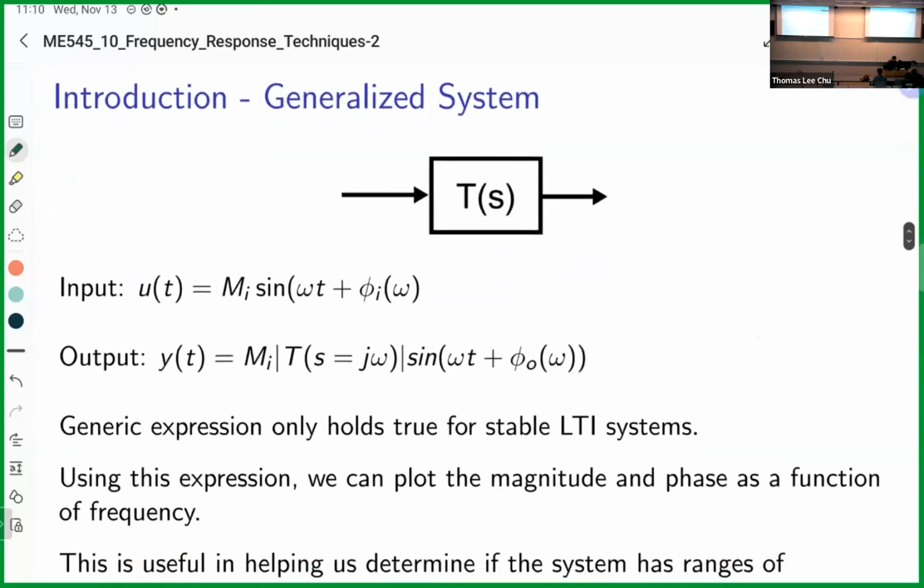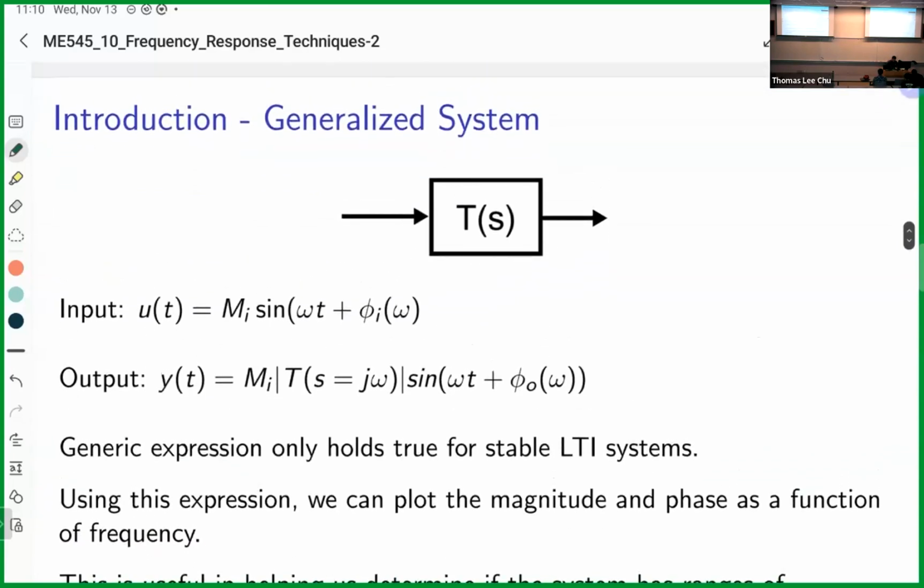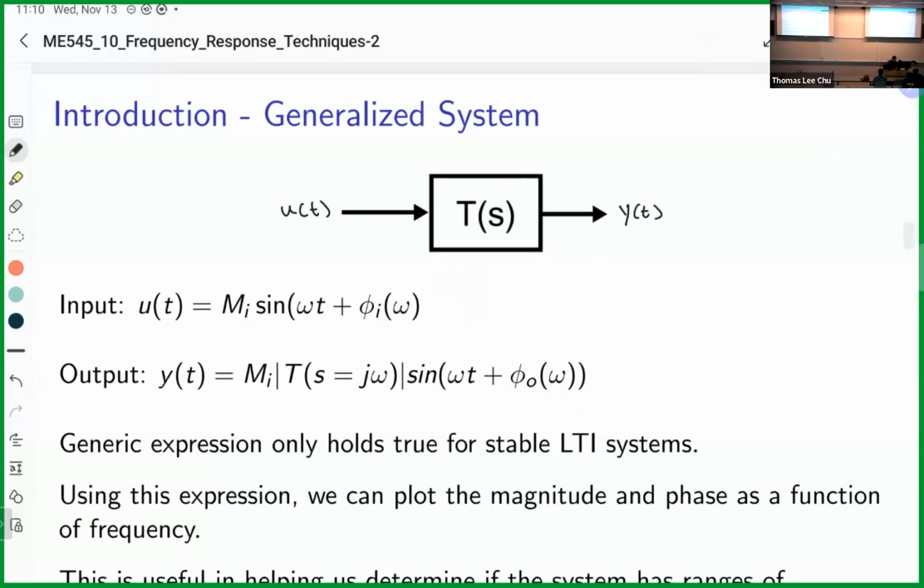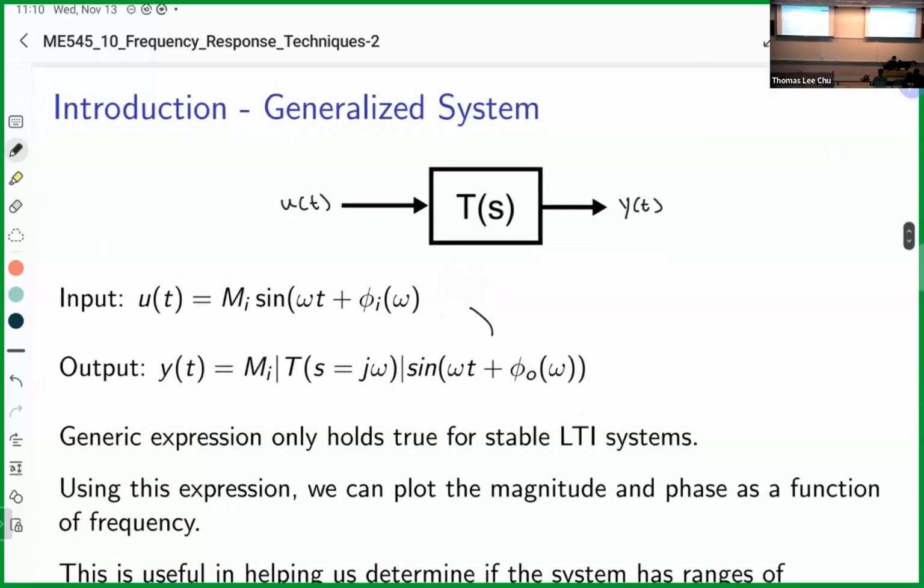So here's an introduction. Here's a generalized system where if we have an input u of t and our output is y of t, we can actually write this whole system with these two. In the past we've had sine, ramp, or parabolic, or we mostly just do step and impulse inputs and occasional ramp inputs.